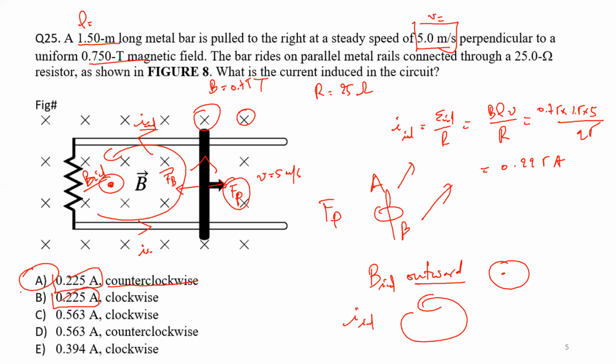Now, for outward, I use my right-hand rule, and I see that my current is going in the counterclockwise direction. The other way to look at it is that my F_B should oppose this F_P. So what should be the direction of current such that F_B, which is I induced L cross B, is opposing? Of course, it's the counterclockwise direction, so it should go up here.